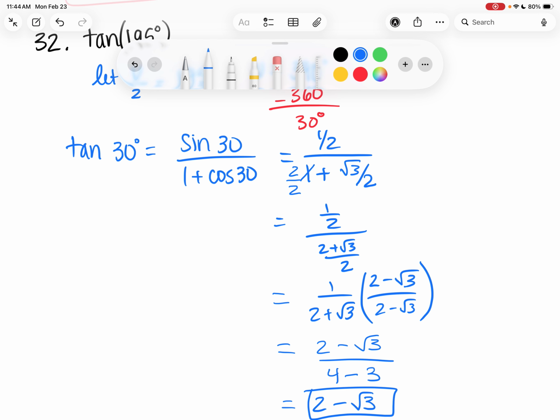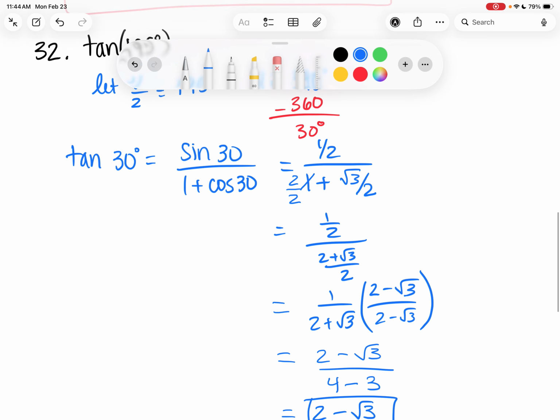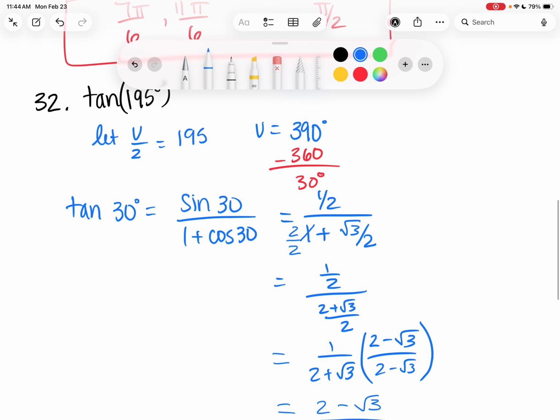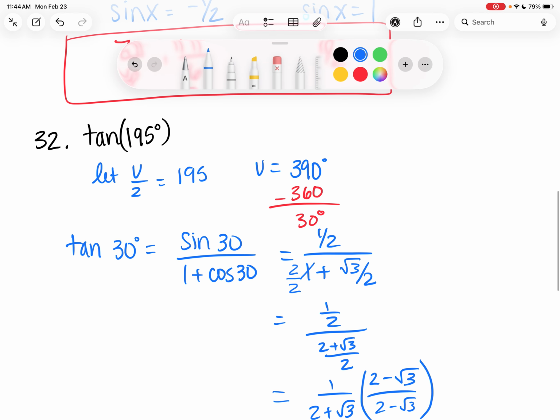Is that the tangent of 30 or is it the tangent of 195? Technically it's the tangent of 195, but we're using 30 as what's getting plugged in here. It's not really the tangent of 30.